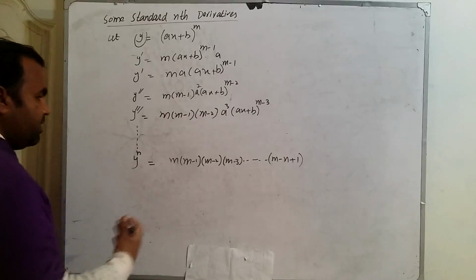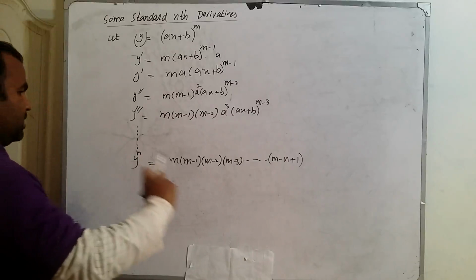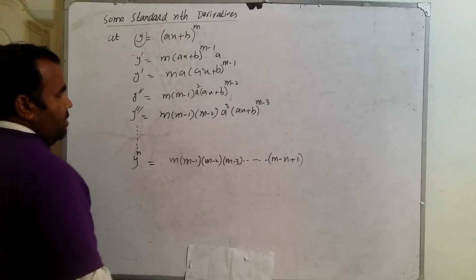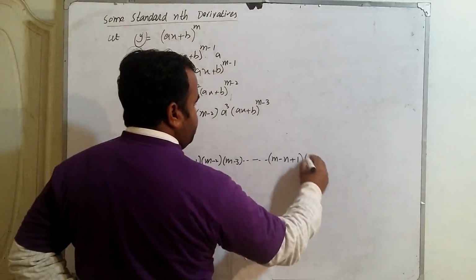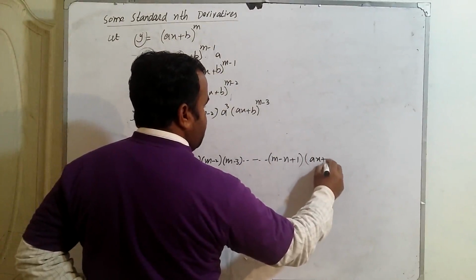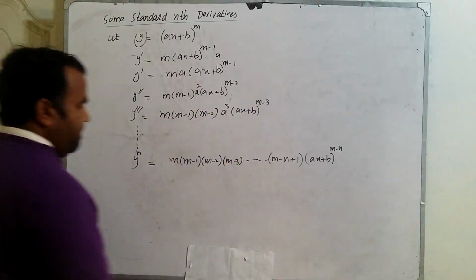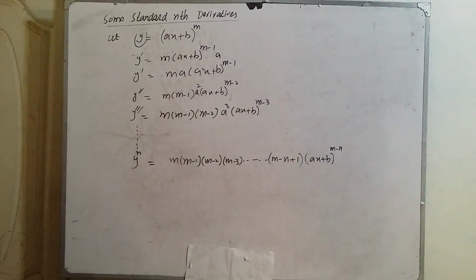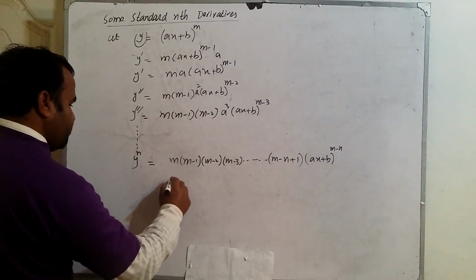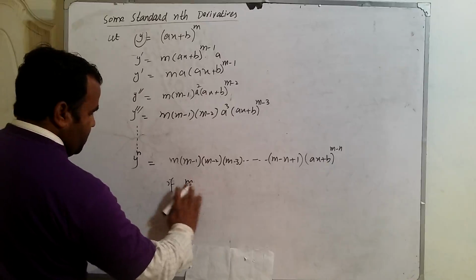The nth derivative means m minus n plus 1. Okay, so here it will be (ax plus b) raised to the power m minus n. So this is our nth derivative.